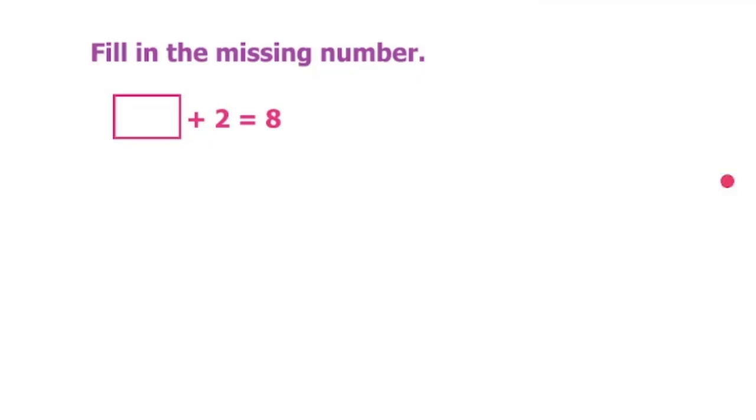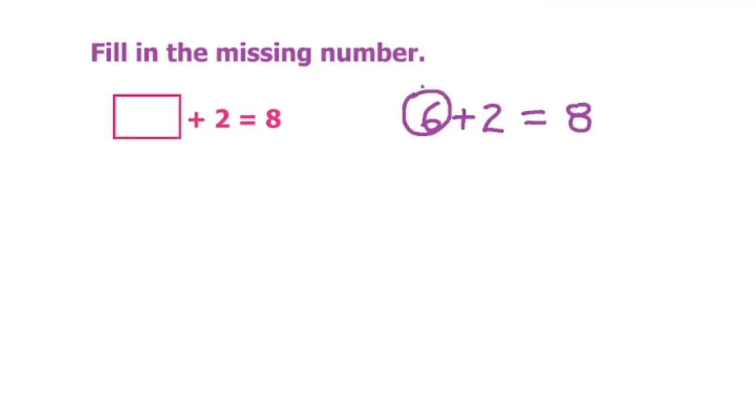So you might just remember that 6 plus 2 equals 8, but that is an addition fact. We know that 6 plus 2 equals 8. So the missing number we're looking for is 6.